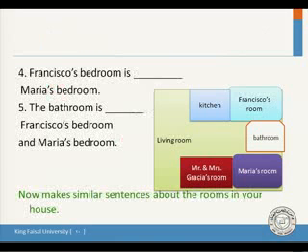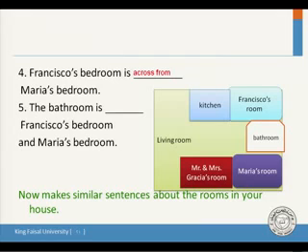We have more sentences about this diagram. 2 more sentences. Look at number 4, sorry. Francisco's bedroom is blank Maria's bedroom. Look at the diagram. Where is Francisco's bedroom? And where is Maria's bedroom?